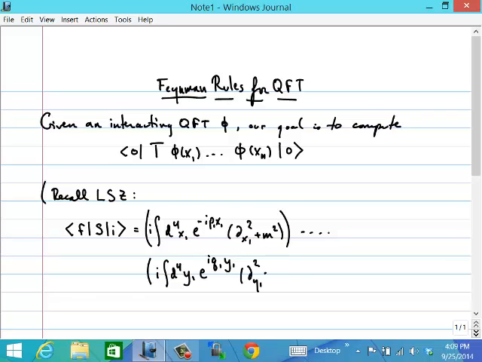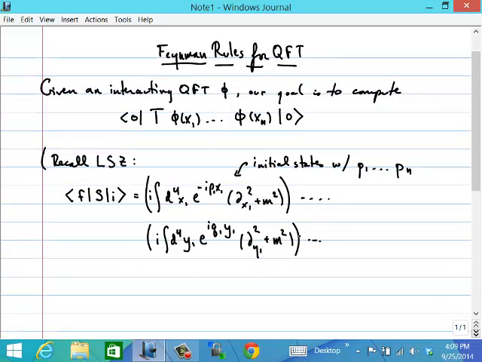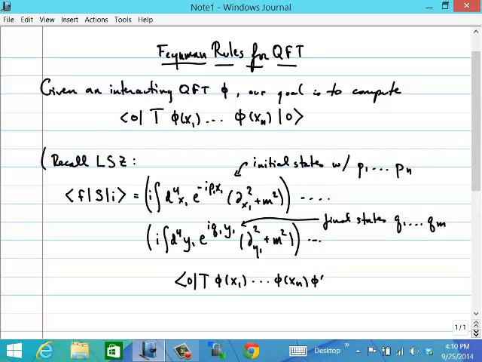Okay, so for example, if you have a bunch of initial states with momenta P1 up to Pn, and we have some final states with some momenta Q1 up to Q sub m, then what we do is we take the time-ordered correlation function, where we take n plus m insertions of this scalar field, and we take this time-ordered vacuum expectation value, and then we act on it with a bunch of these operators here.